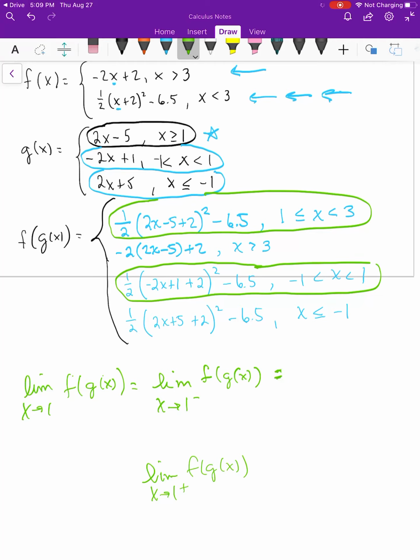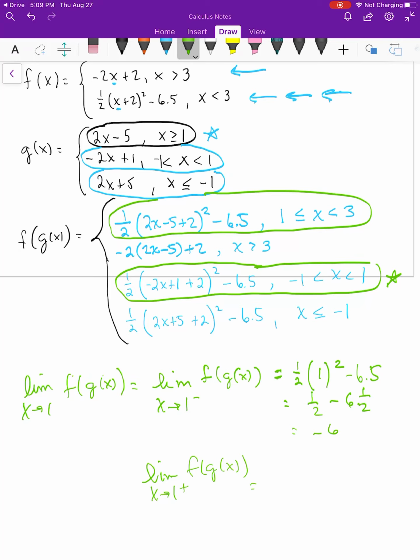From the left, which is going to be this one because it's less than 1, if we put 1 in, we get 1/2 times, negative 2 times 1 is negative 2, plus 1 is negative 1, plus 2 is 1, squared, minus 6.5. So that's 1/2 minus 6.5, and that's going to be negative 6.